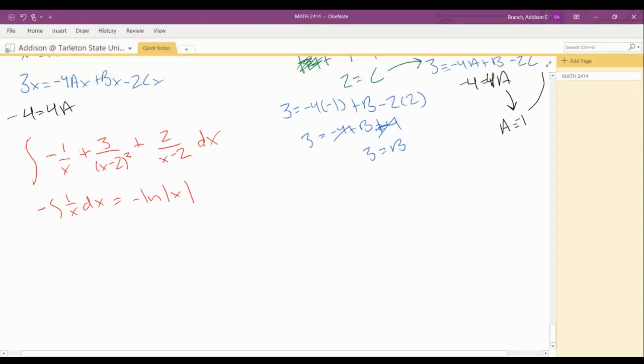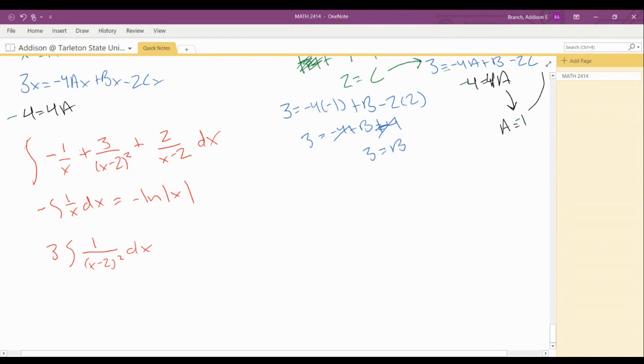Okay, there we go. We're good now. So we can go ahead and pull out our 3 right there for b, for our second term. And we get 1 over x minus 2 squared dx.